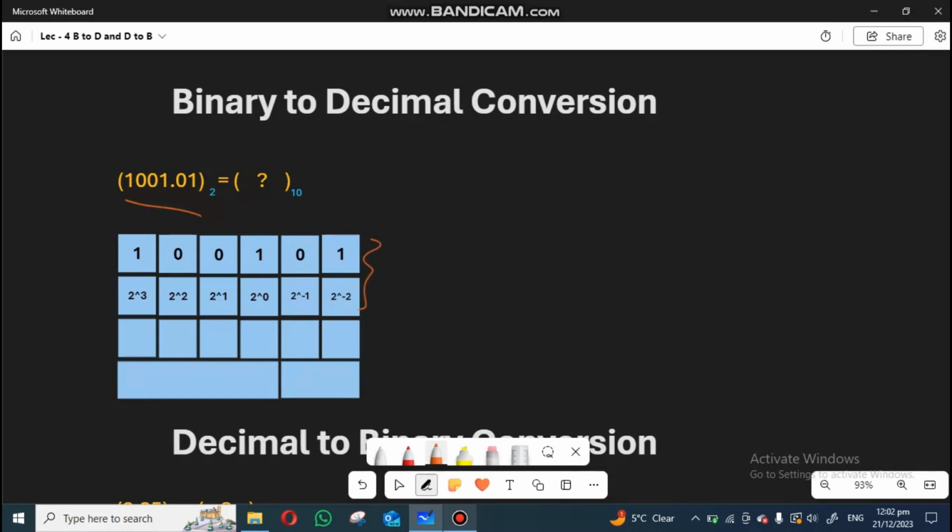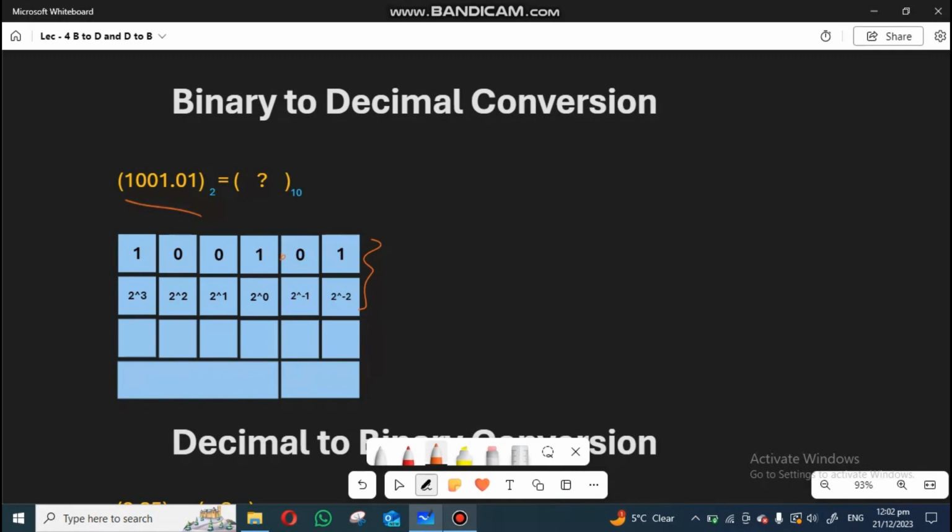Now if I want to convert this number into decimal, there's a small technique that I've created here. You can create a table like this. You can simply arrange the numbers just like this. You can also create a separation between the two parts of the number by placing the radix point right here. The rightmost bit of our non-fractional part we will call the LSB, or the least significant bit.